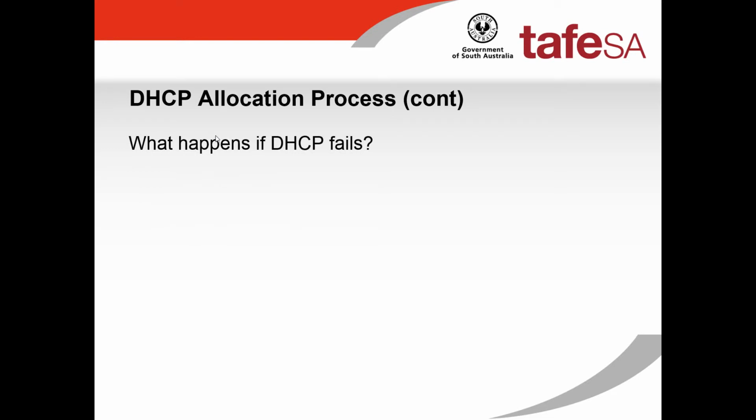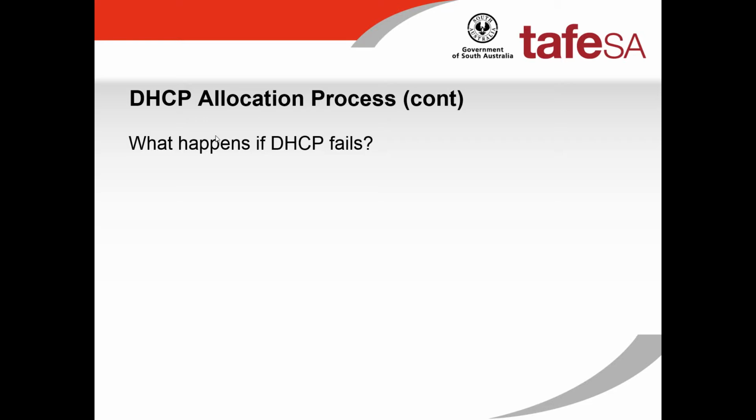There are certain situations where DHCP could fail and the computer may not receive an IP address automatically. One example is if the DHCP server goes down, or if the router is not forwarding DHCP broadcasts. Microsoft has built a fail-safe into Windows so that a computer will still receive an IP address and connect to a network.